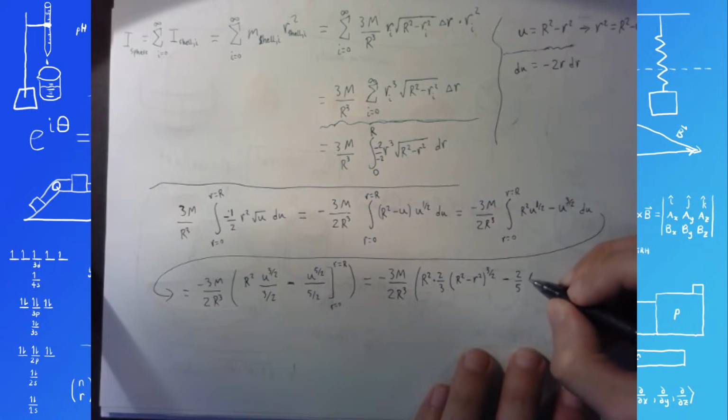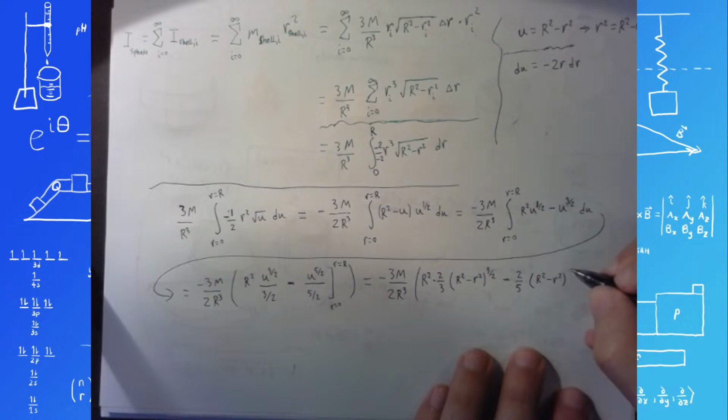And then u to the 5/2, that's big R squared minus little r squared to the 5/2. And that is all evaluated from 0 to big R.